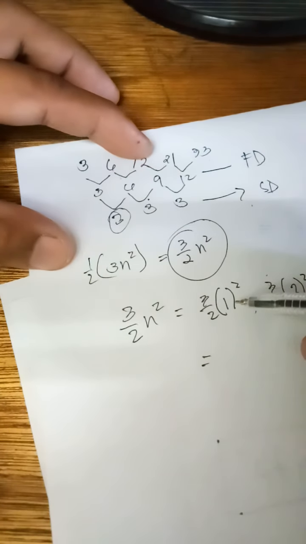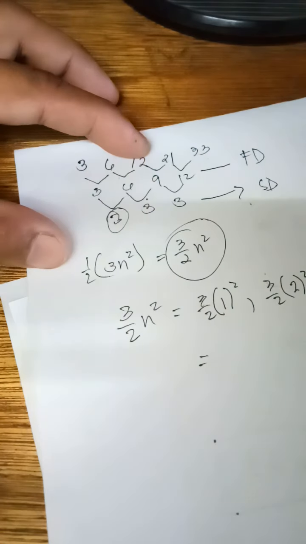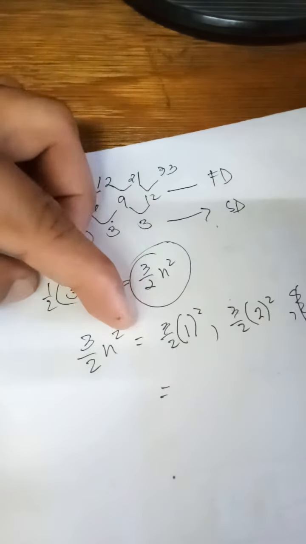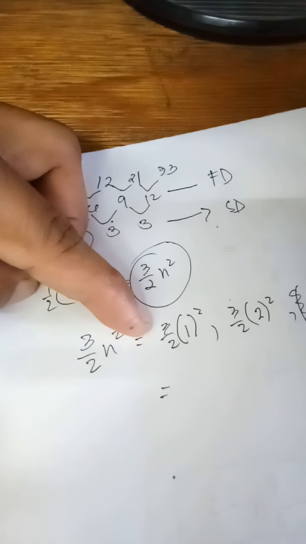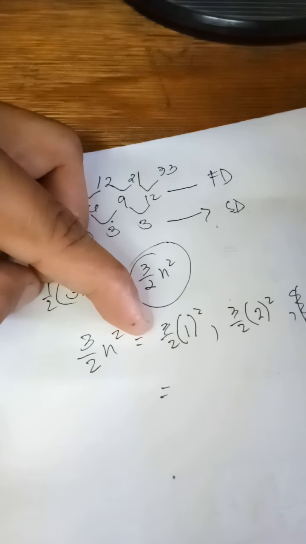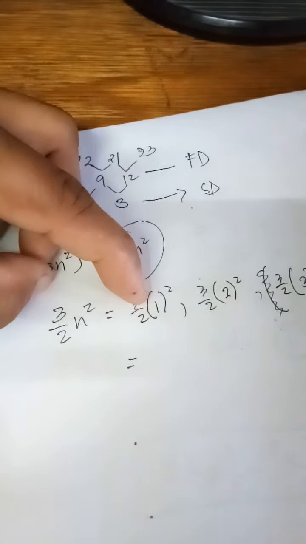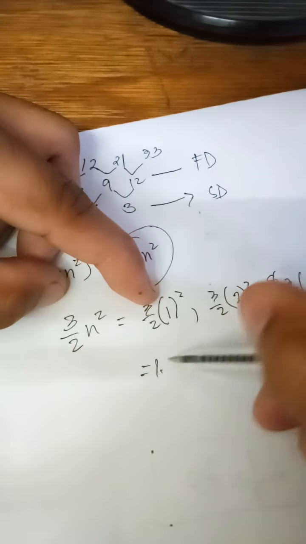Okay, so i-solve natin ito. So we have 1 squared, that is 1 times 1.5. 3 halves is also equal to 1.5. Am I right? So multiply 1.5 times 1, so the result is 1.5.